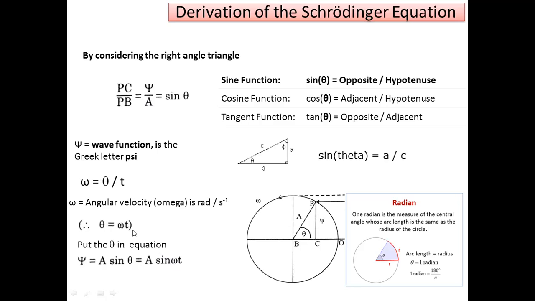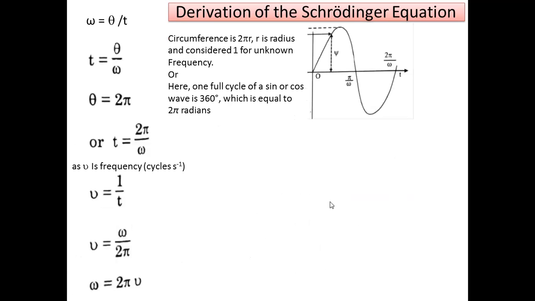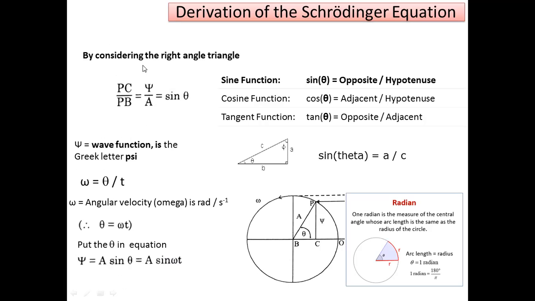Now using this equation you can put the value of theta, which is wt, and this equation will become a sine wt. So psi will be equal to a sine wt. Now again w will be theta over t, as we have explained before.